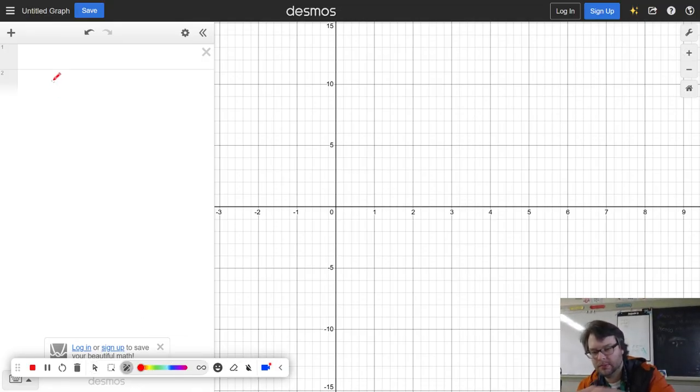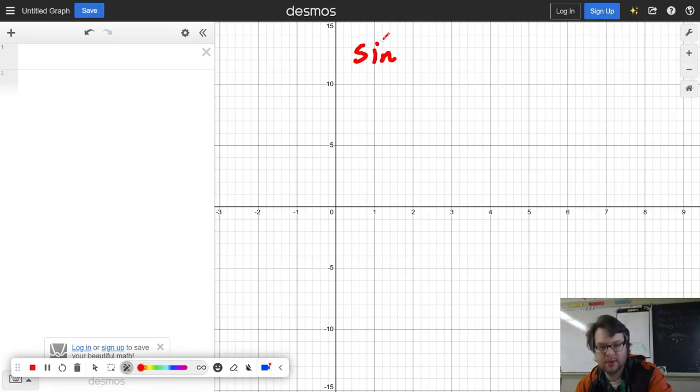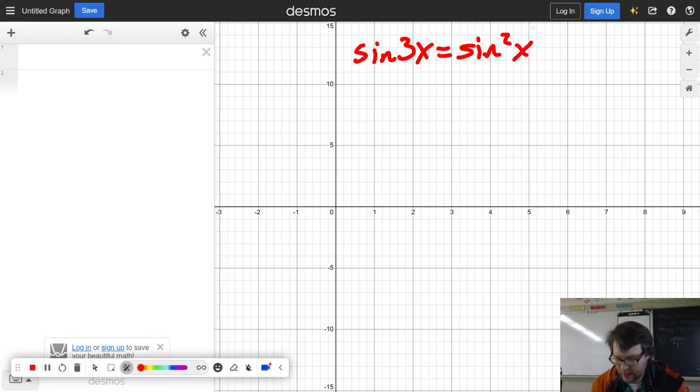So the first problem we're going to look at is sine of 3x is equal to sine squared of x. So the first thing that I notice is that 3x is a different input than x, so I'm going to want to try to split it up.